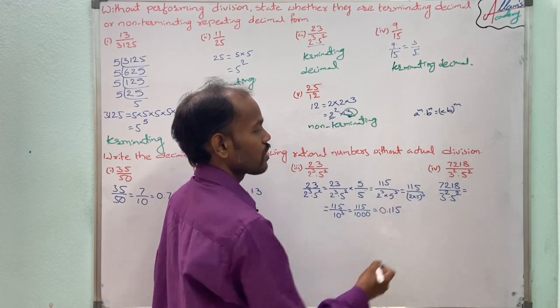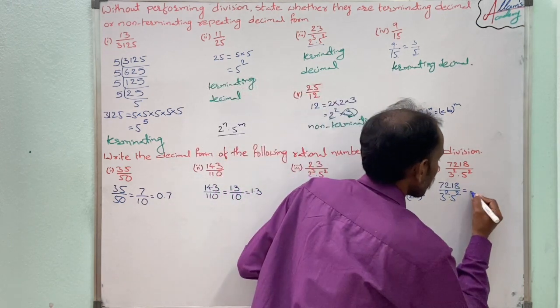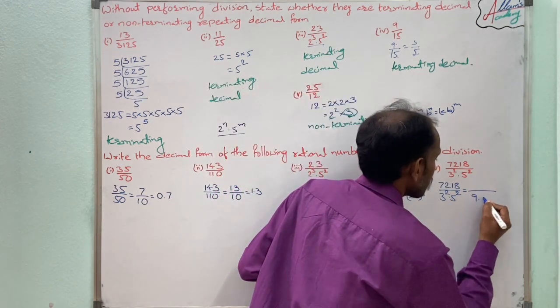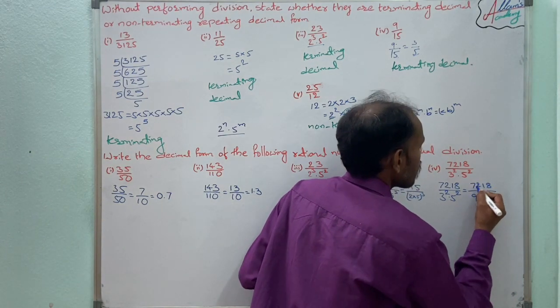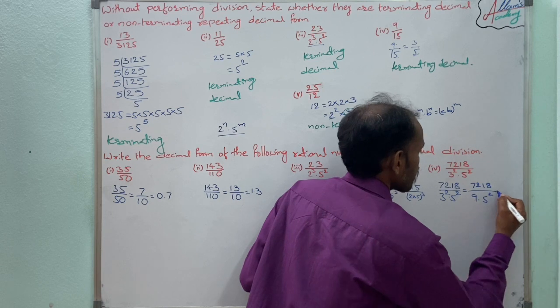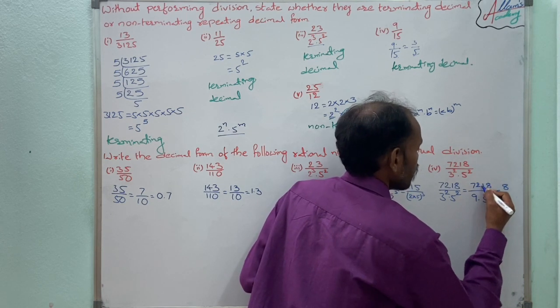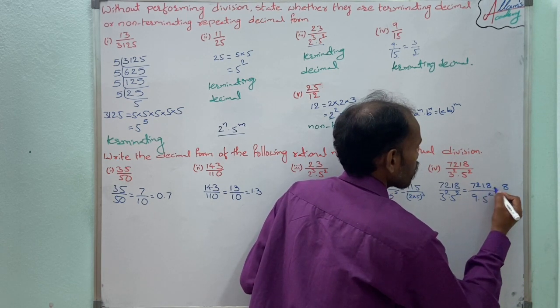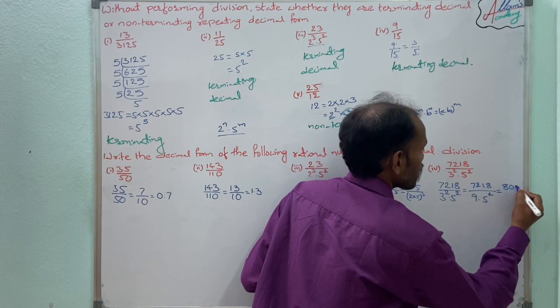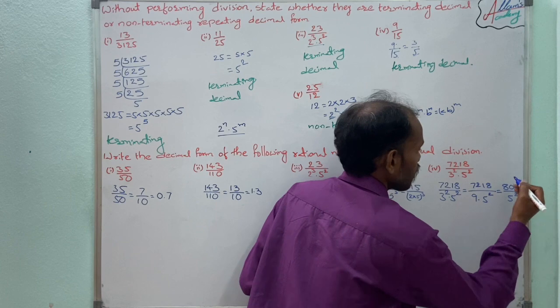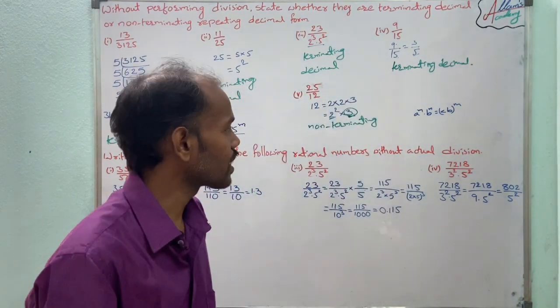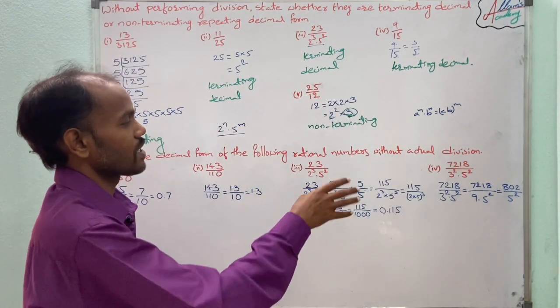So first, 3 square equals 9. We check whether the given number goes in the 9 table. 9 eights are 72 and 9 twos are 18, taking 2 digits at a time, and 0, divided by 5 square. Now the denominator is in the form of 5 only, there is no 9.